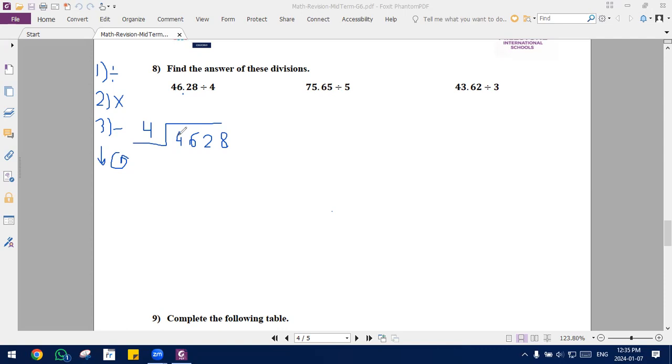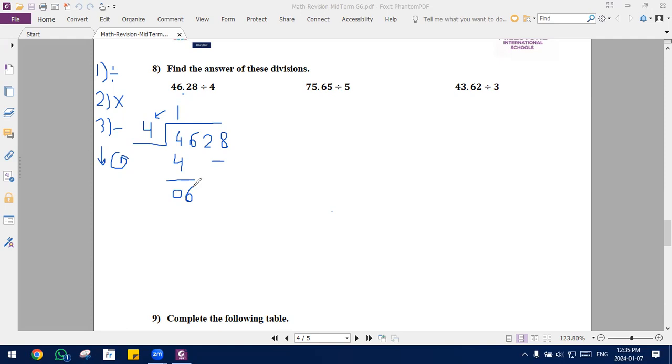Now, let's do it step by step. 4 divided by 4, we put the answer up, which is 1. Next step, multiply. 1 times 4 is 4. Third step, subtract. The remaining is 0. Next step, take one number down.